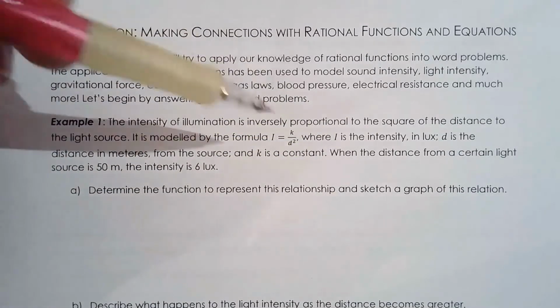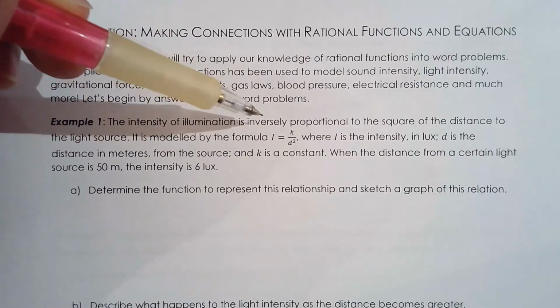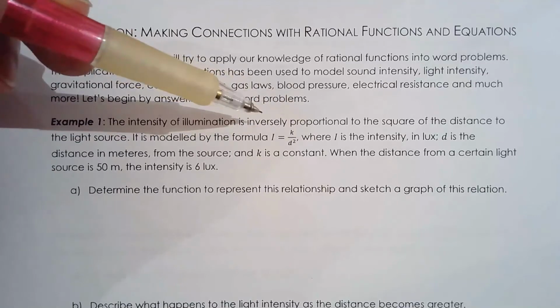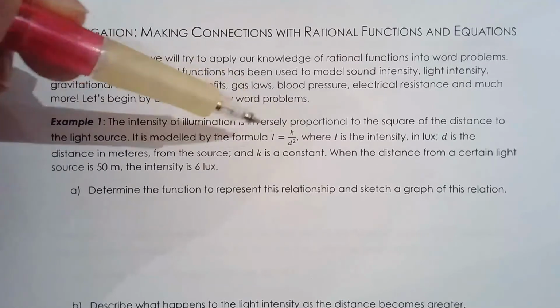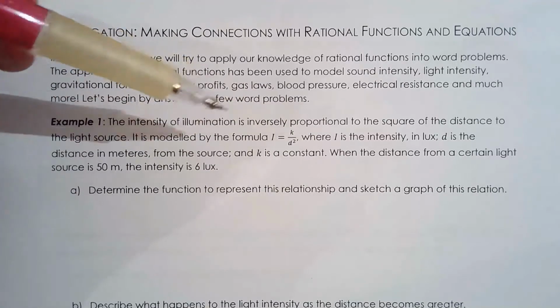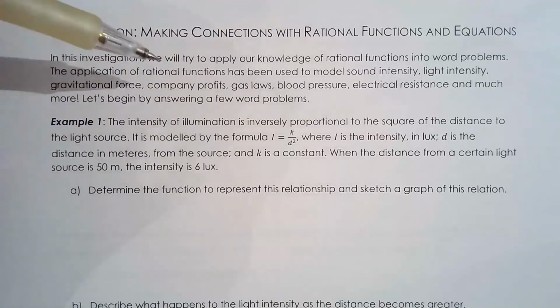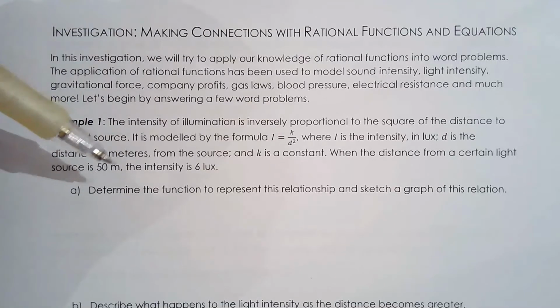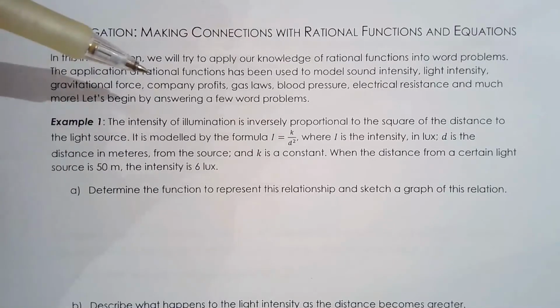I just want to add a very nice point. In grade 9, the relationship between the variables was not inversely proportional. This is a grade 12 thing. In grade 9, things were directly proportional. So what does directly proportional mean? When one variable goes up, the other variable goes up. One variable goes down, the other variable goes down. So, for example, hours worked and pay.